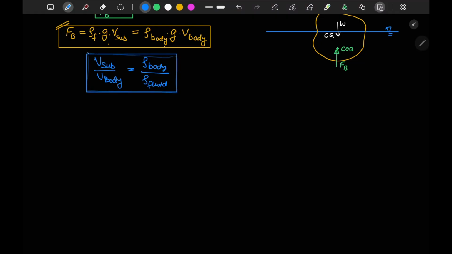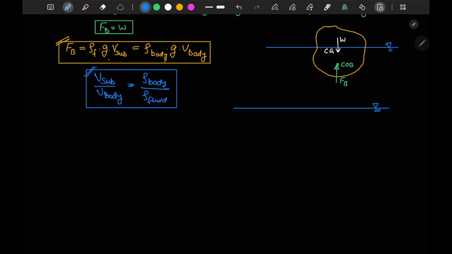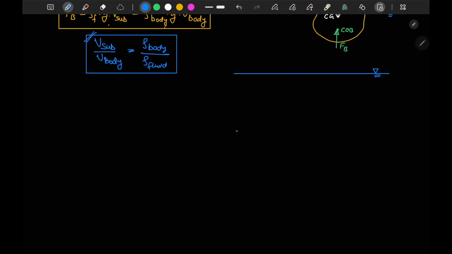Okay, so if I consider three different types of bodies, let me draw a figure here first. Let's say this is a free surface of water, and this is the bottom. Now we have three types of body here.